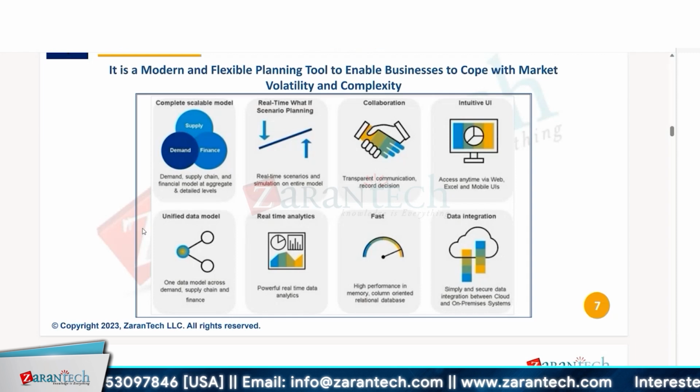So the next point here is real time what if scenario. Okay. So these are basically the permutations and combinations of what exactly can happen, what can go right, what can go wrong. So we have to balance what is going wrong and try to anticipate the issues.